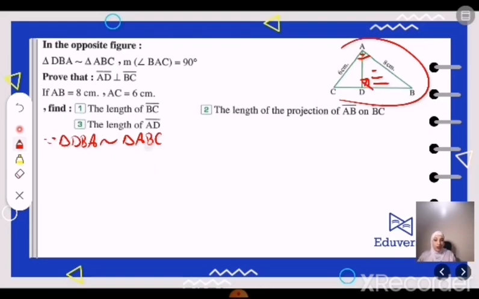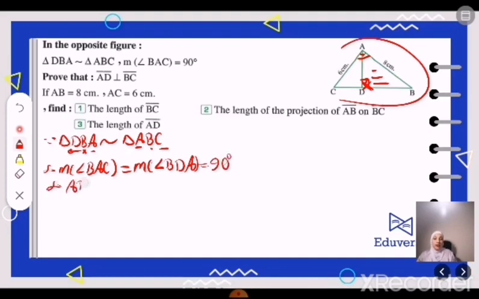Using B, A, then C, it will be B, D, then A. Then measure of angle BAC equals measure of angle, as I said, I started from the middle, then going to A, then C, so BDA. Is this the angle we are searching for? Yes, BDA is this angle here, which will be 90 degrees. Then, of course, AD is perpendicular to BC.